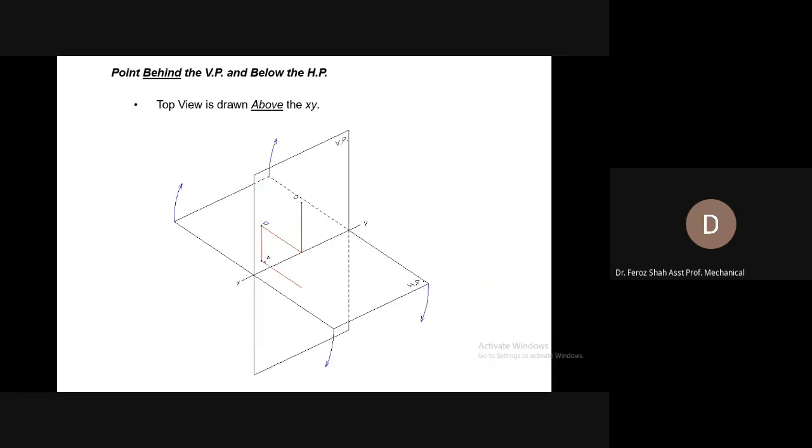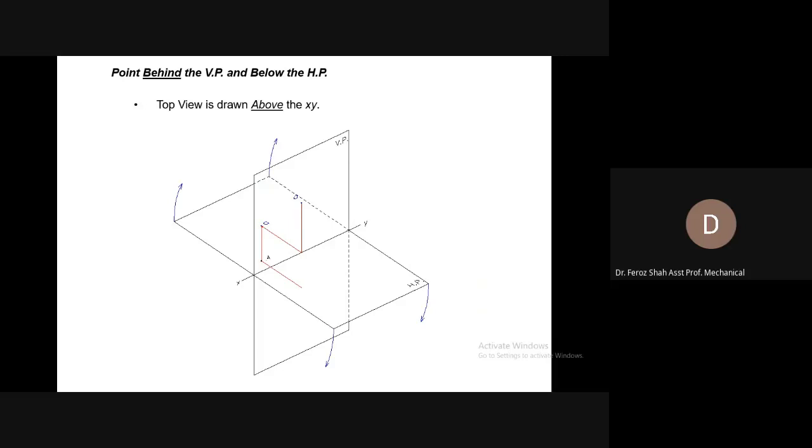Now again, the point is still behind the vertical plane, but this time it is below the horizontal plane, that is, in the third quadrant. So again, looking at it from the bottom or from the top, its top view will be formed on the horizontal plane at this position.